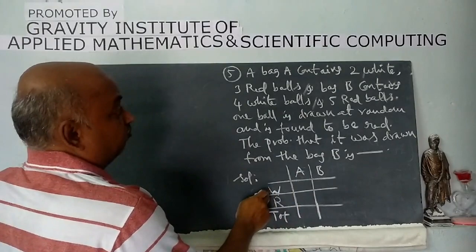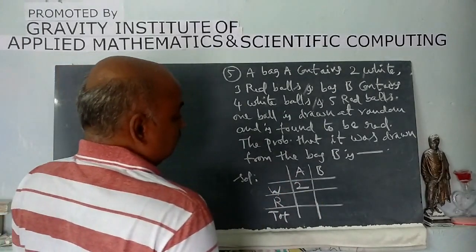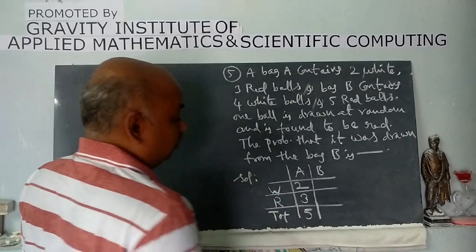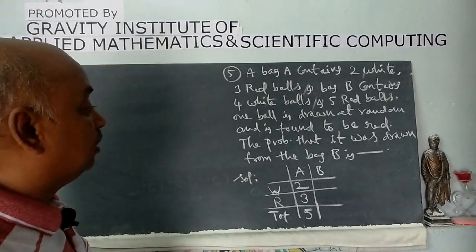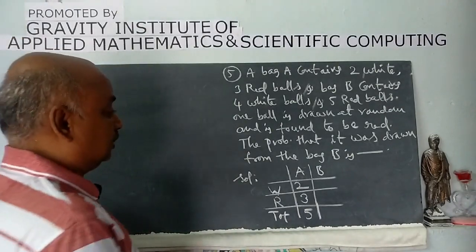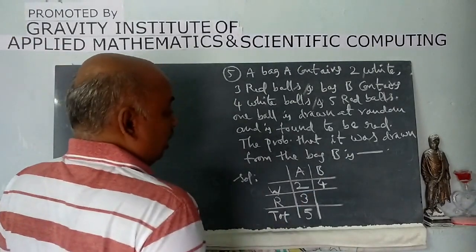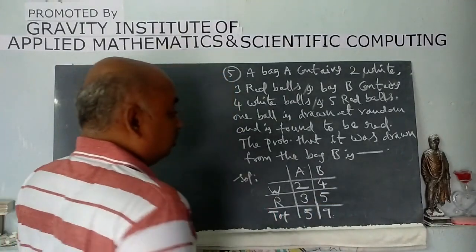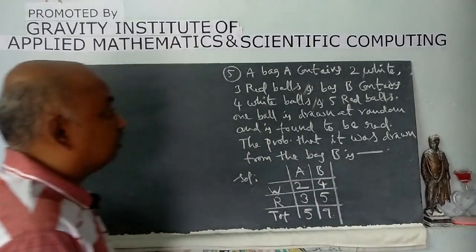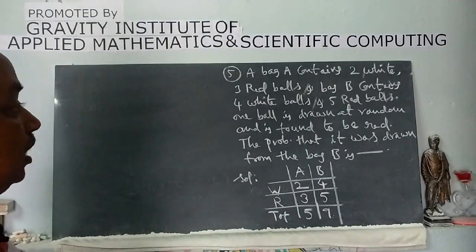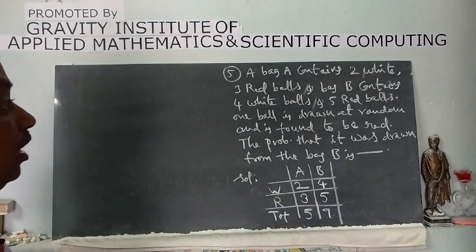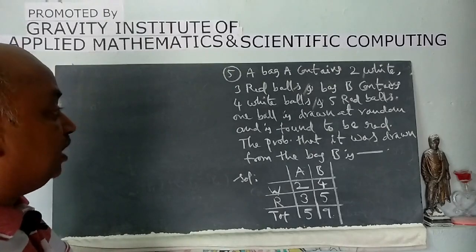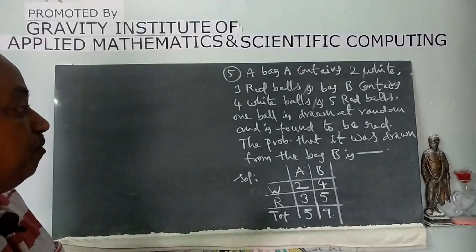Bag A contains two white balls and three red balls, altogether 5 balls in bag A. And bag B contains 4 white balls and 5 red balls, altogether 9 balls in bag B. So, here one ball is drawn at random and is found to be red. Then we have to find the probability that it was drawn from the bag B.